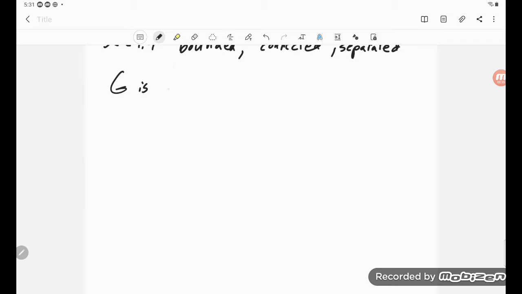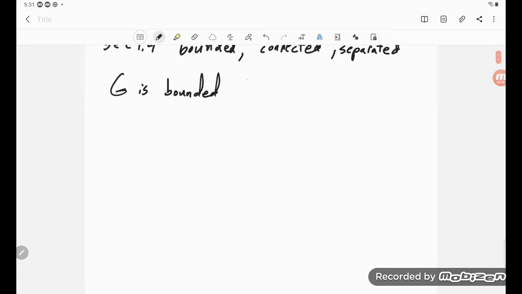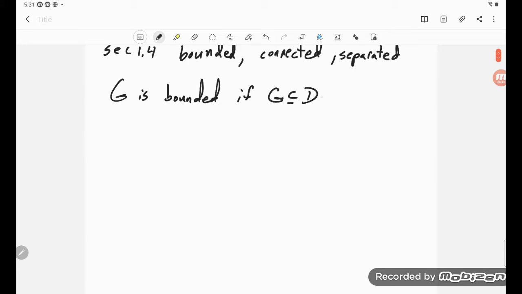G is bounded if G is a subset of some open disk. So this is our subset symbol here.